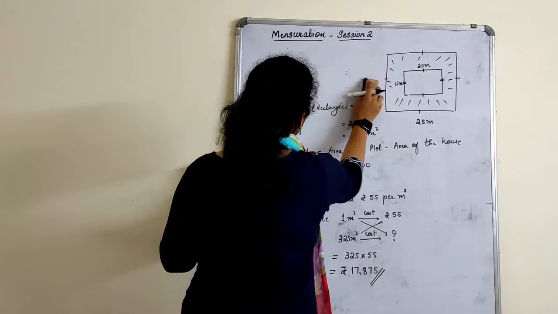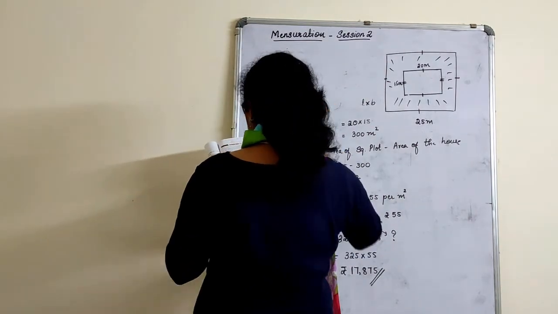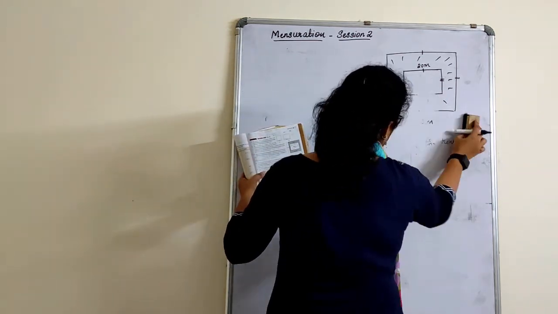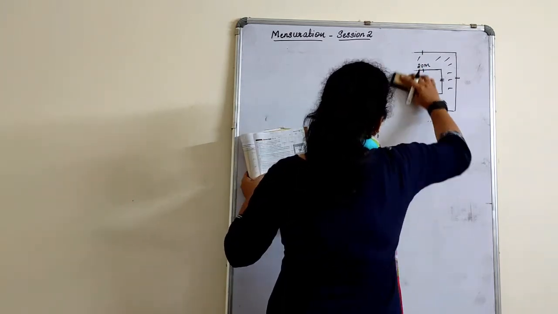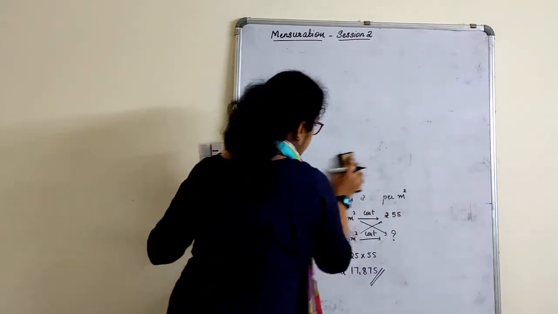The shape of the garden is rectangular in the middle and semicircular at the end as shown in the diagram. So it's a combination of the plane figures, rectangle and circle or semicircle, what you can see.